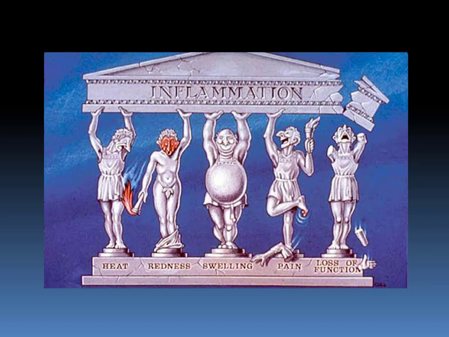Third sign is swelling of the inflammatory focus, edema. The Latin name is tumor. Fourth, pain due to damage of the nerve endings. The Latin name is dolor. And the fifth and last feature of inflammation is loss of function of the inflamed organ. In Latin, functio laesa.